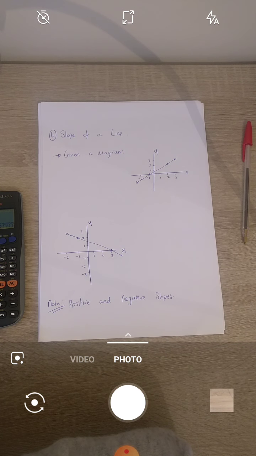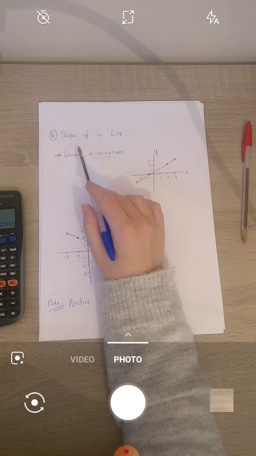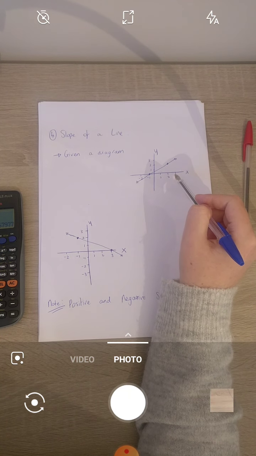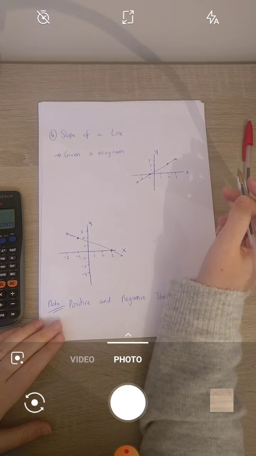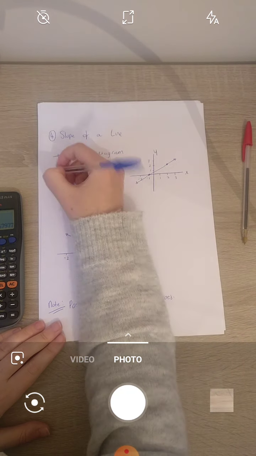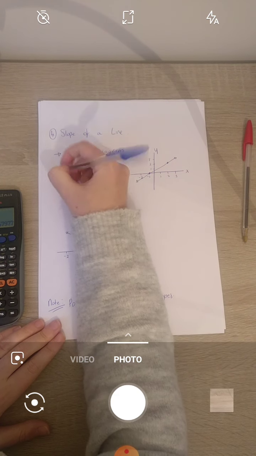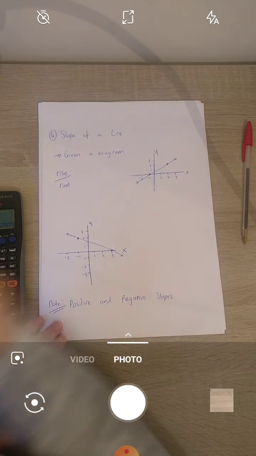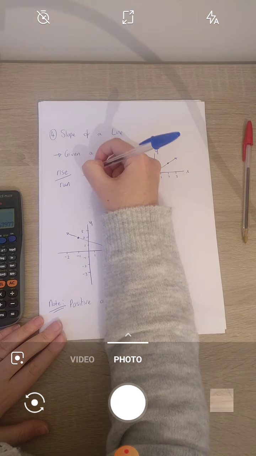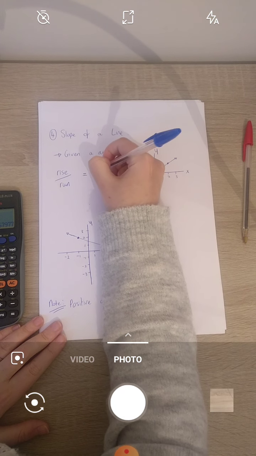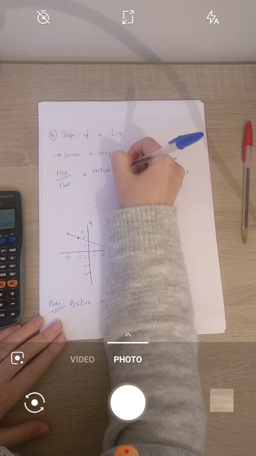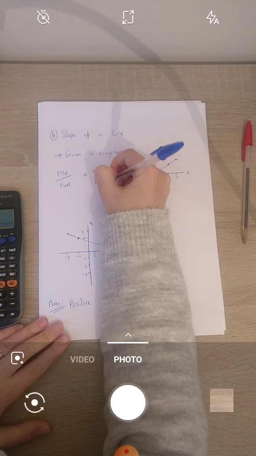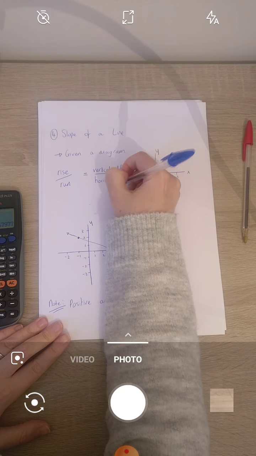So we're going to break this up into different sections. First thing we're going to look at is the slope of the line when we're given the picture of a line on a diagram. Okay, now what we're going to do if we're given the picture is we're going to find the slope by finding the rise over the run. Okay, now that means the rise is the vertical difference between the 2 points, and the run is the horizontal difference between 2 points.